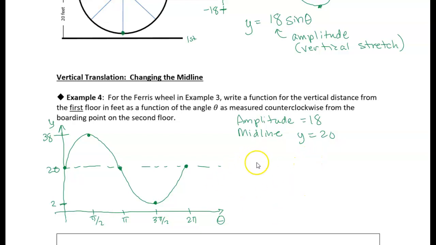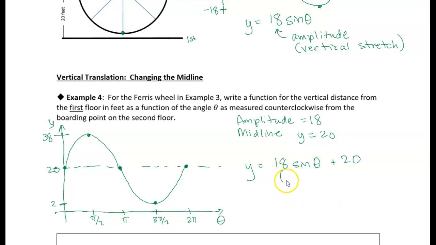All right, so how do we incorporate both a vertical stretch and a vertical shift into our function? We're going to multiply the function by 18, just like we did before, sine of theta. So that's what gives us our vertical stretch. And then we're going to add 20 feet to everything, so it shifts all the points up by 20 feet.